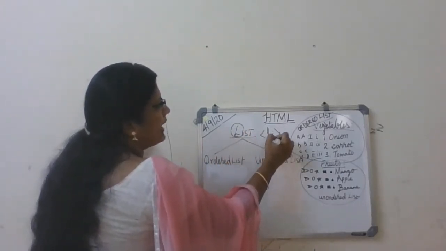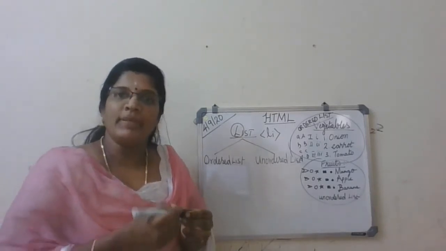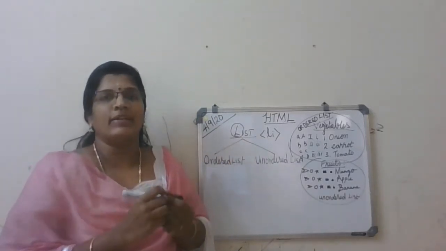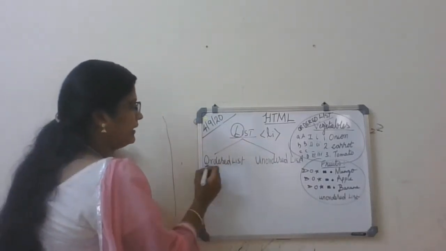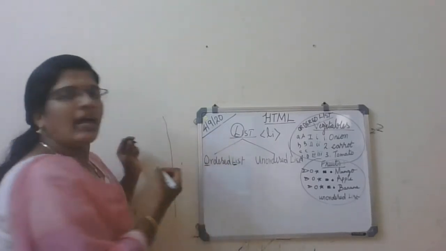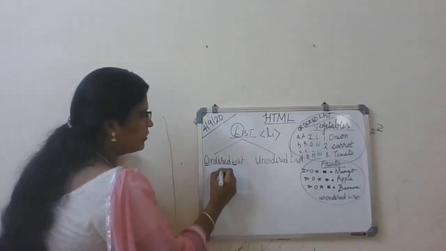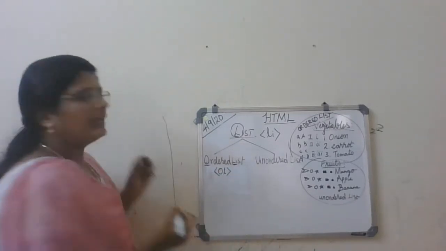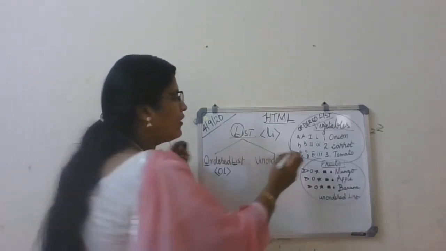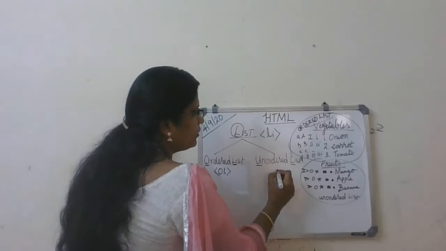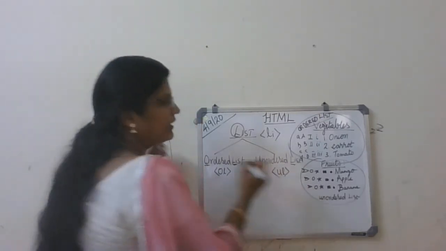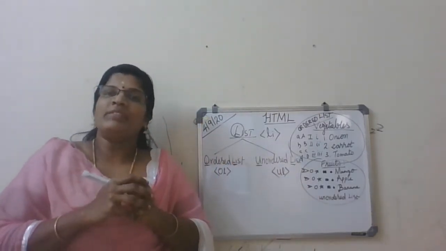It is LI. You can write either in capital or small letter, that doesn't matter. Then ordered list. What is the first letter of order and list? This is OL. The tag is OL. For unordered list, UL. So did you understand the tag names?